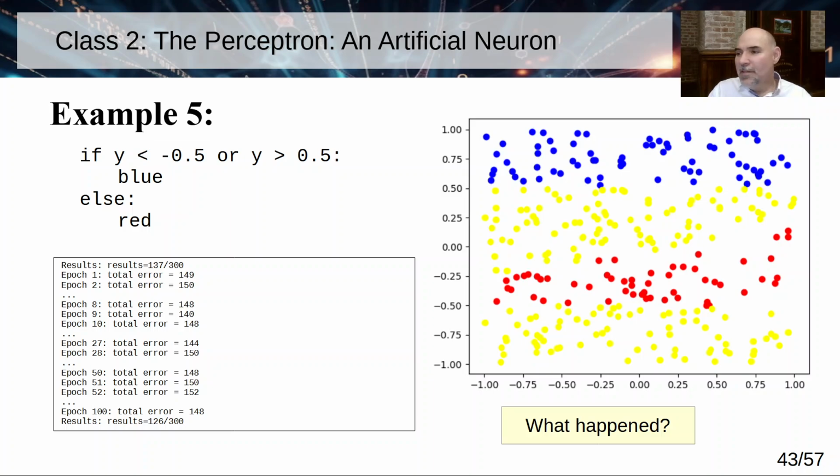It got some right in blue and some right in red, but all of those yellow ones were wrong. In fact, after training, it actually did worse than it did before we did any training. It was about 50-50 when it started. And then at the end, after training, we only got 126 out of 300 rather than 137 out of 300.